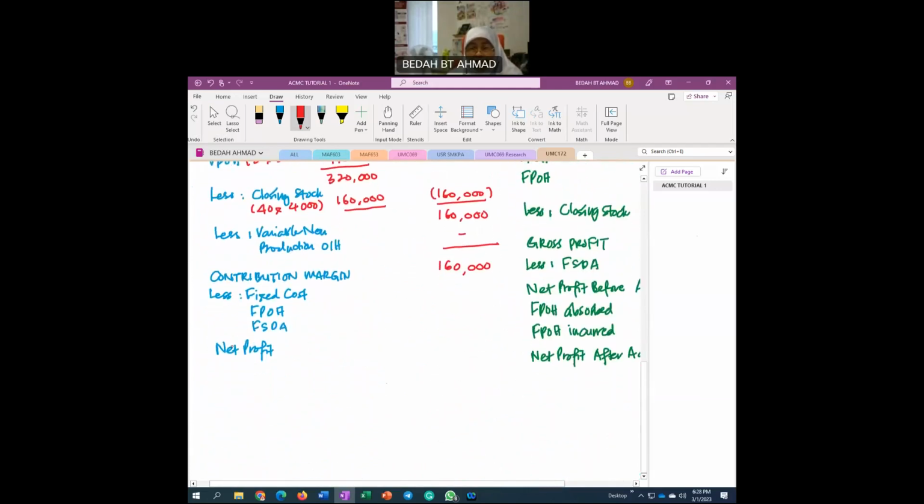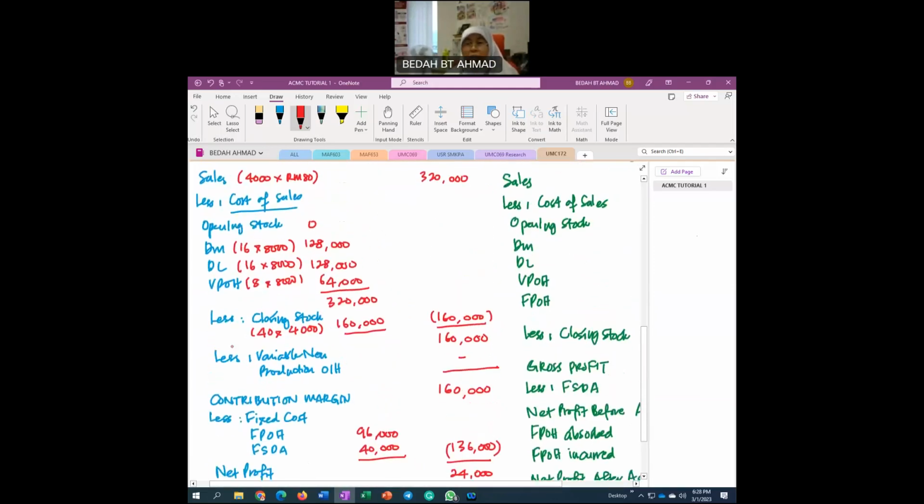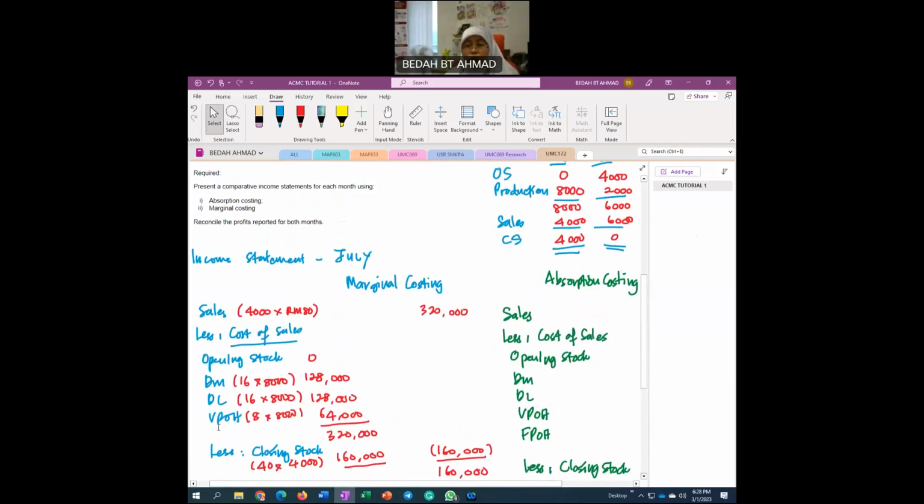In total, it is 136,000. Minus this from the contribution margin, the net profit is 24,000. So this is the income statement under marginal costing for July.